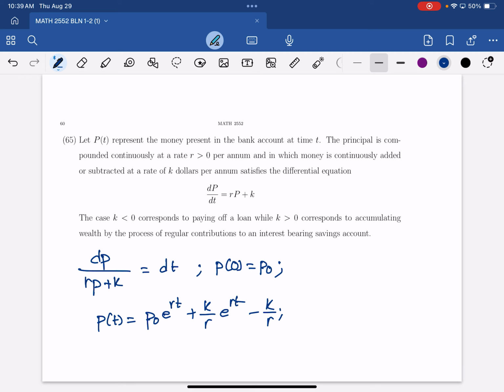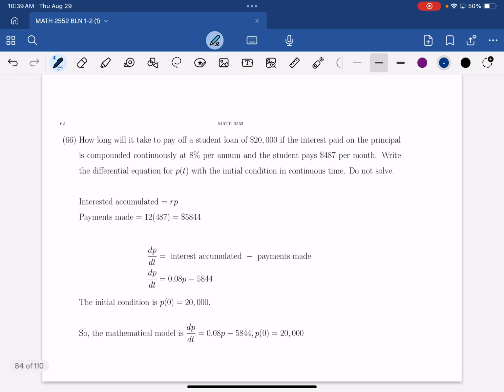Now let's look at the problem. A student has taken a loan of $20,000. So that means you're starting off with P of 0 equals 20,000. And the interest paid on the principal is continuously compounded at 8%, so R is 8%, which is 0.08, right?